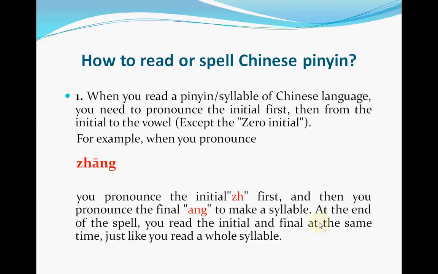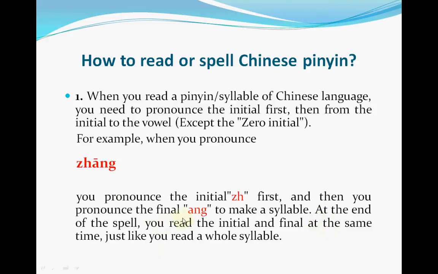Okay, now we talk about how to read or spell Chinese Pinyin. There are three things we need to know. First, when you read a pinyin syllable of the Chinese language, you need to pronounce the initial first, then go from the initial to the vowel, except for the zero initial, right?